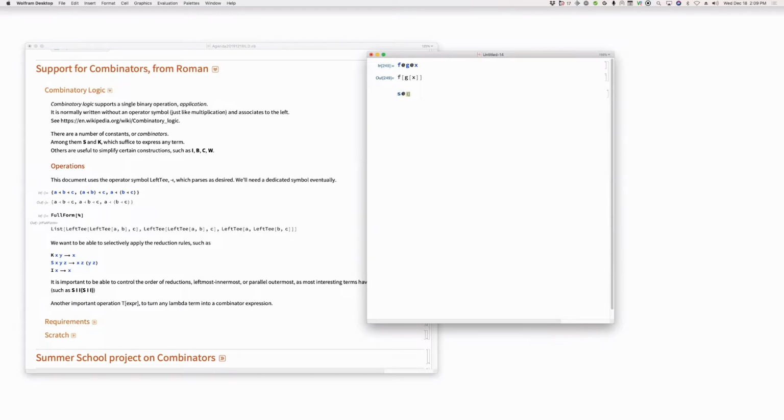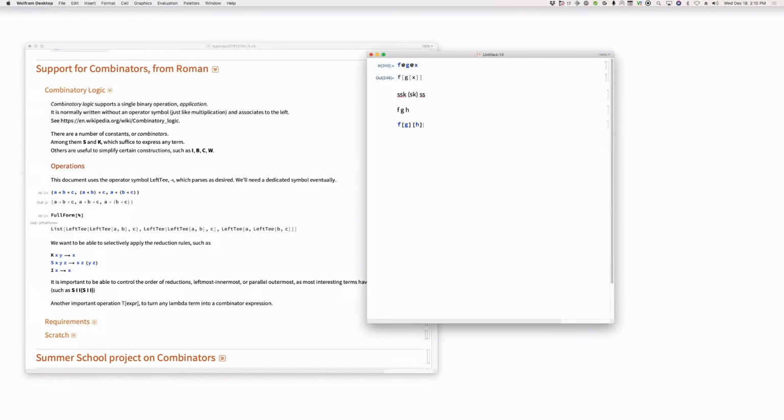When somebody writes SSK paren SK SS or something like that, yes. So what do they mean? The non-parenthesized always group to the left. Okay, so if I say FGH, what does that mean? That means F applied to G and that applied to H. Okay.